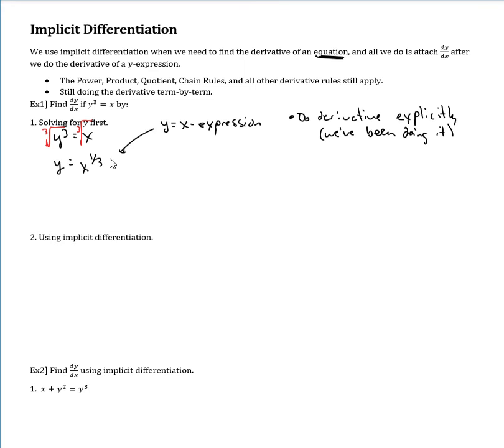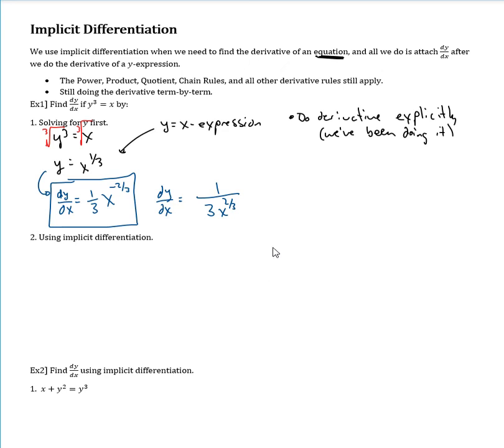To do this derivative, we'll show it in blue, our one-step derivative. It would be dy dx equals, and here we could just do the power rule. 1/3 comes to the front, and x to the 1/3 minus 1 gives us negative 2/3. That's it. If we need to change it into a positive power, we could, so dy dx is 1/3 x to the negative 2/3 is 1 over 3 x to the 2/3.